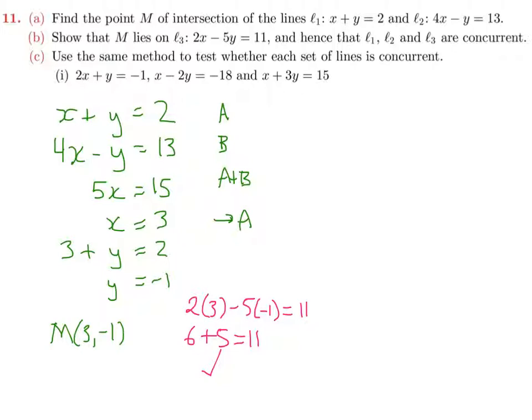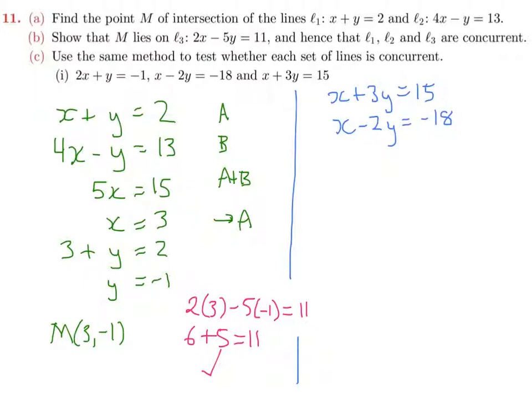Now we just want to use the same method to test the second set of lines. So let's just do this whole process again. We will take the second two equations because we have the same x coordinate. So we have x plus 3y equals 15 and x minus 2y equals minus 18.